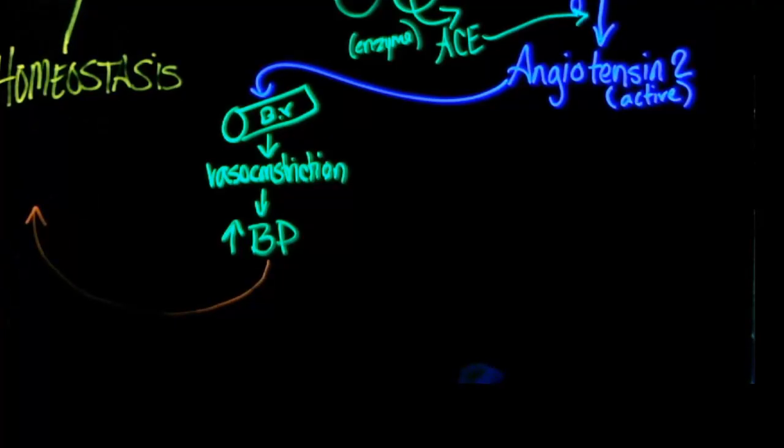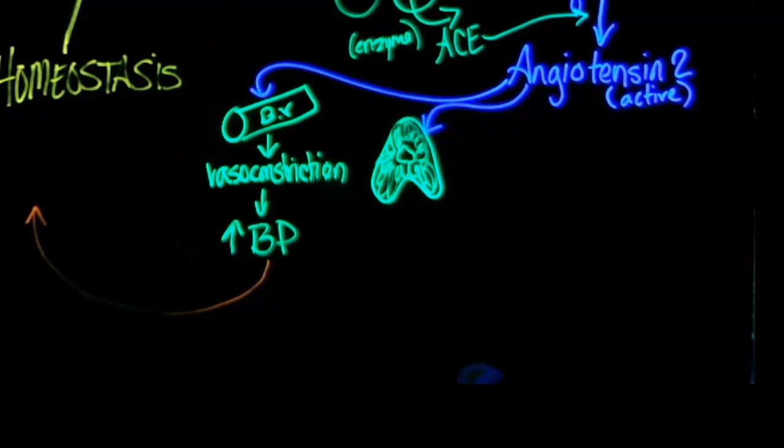Who's next? Well, we find receptors for angiotensin 2 in the adrenal cortex of the adrenal glands. We're going to draw this little teepee hat looking thing. It sits over the top of the kidneys. And when angiotensin 2 binds to receptors in the adrenal cortex, the net result is going to be the release of another hormone.